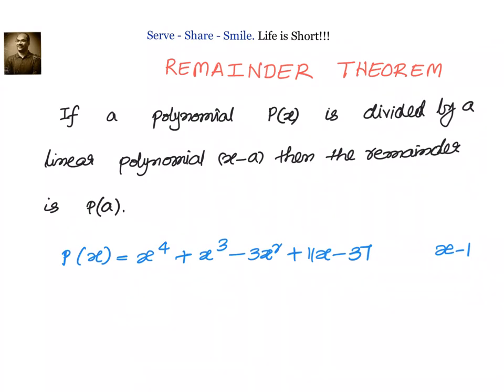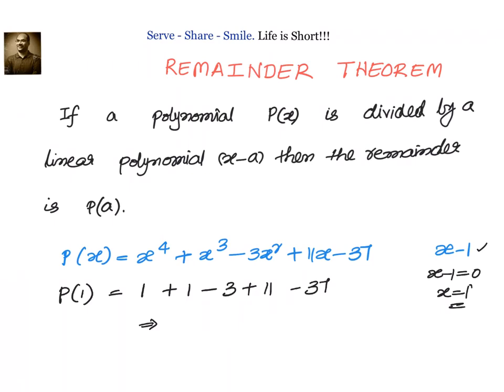Otherwise, we can simply substitute x minus 1 equals 0, that means x equals 1. So the first step is to find the 0 of the linear polynomial, that is equal to 1. Now come back here and substitute 1. P of 1 equals 1 plus 1 minus 3 plus 11 minus 37. 1 plus 1 is 2, 2 minus 3 is minus 1, minus 1 plus 11 is 10, 10 minus 37 is minus 27. That is how we can find the remainder.